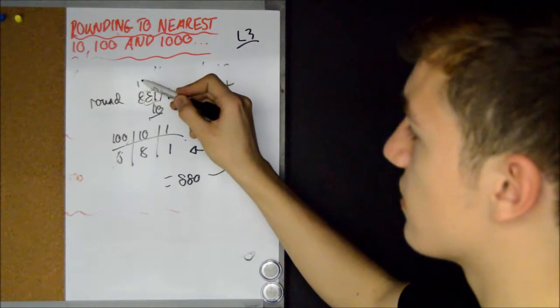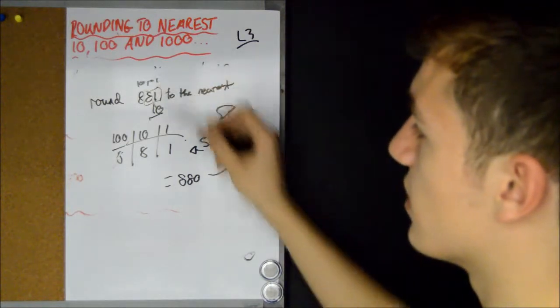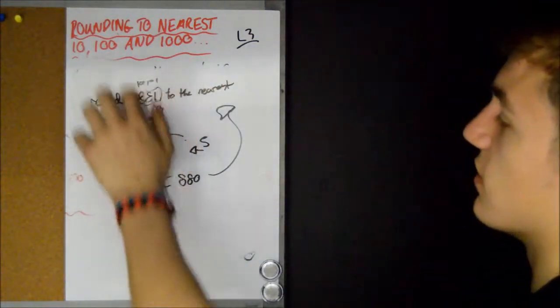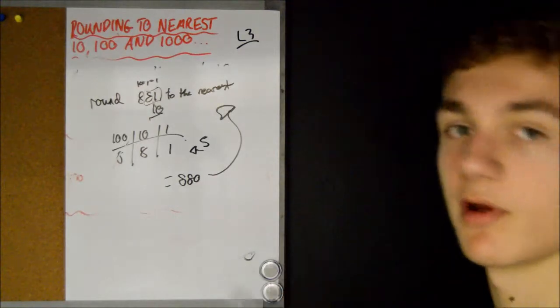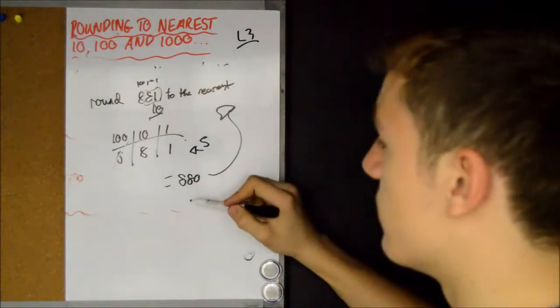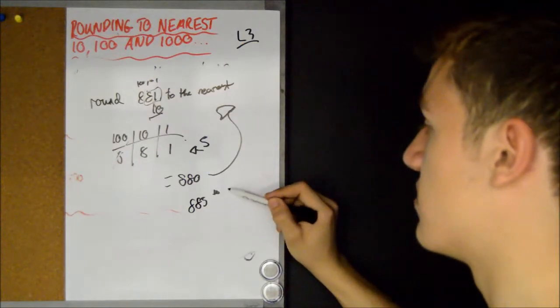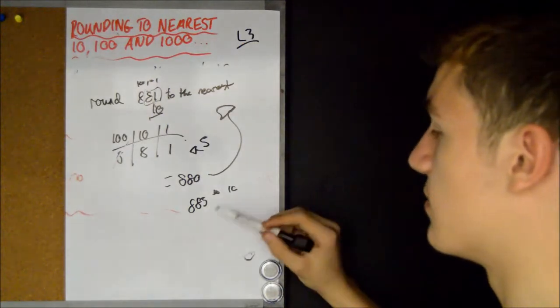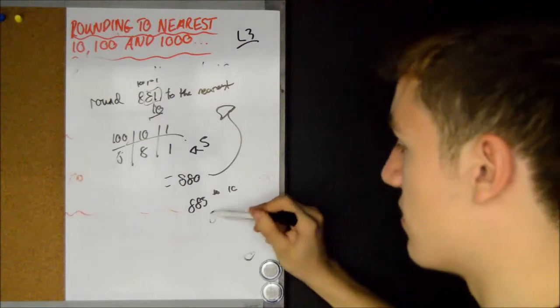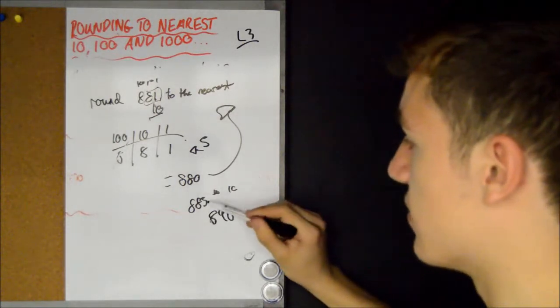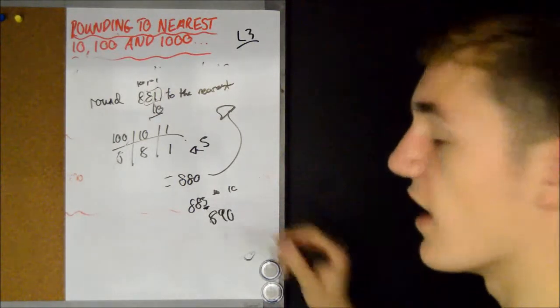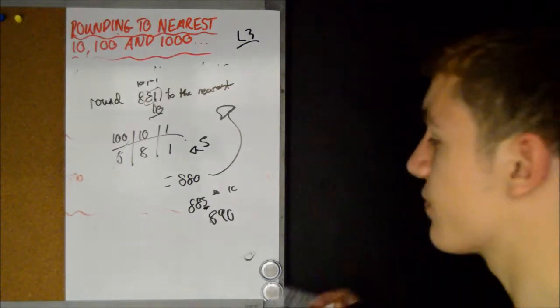So you've got 100s there, 10s there, 1s there, so we only look at the 10s column, and that's why we round that down. And if it was 885 to the nearest 10 again, it would be 890, because if we see here, this is the 5, and if it's 5 we round up.